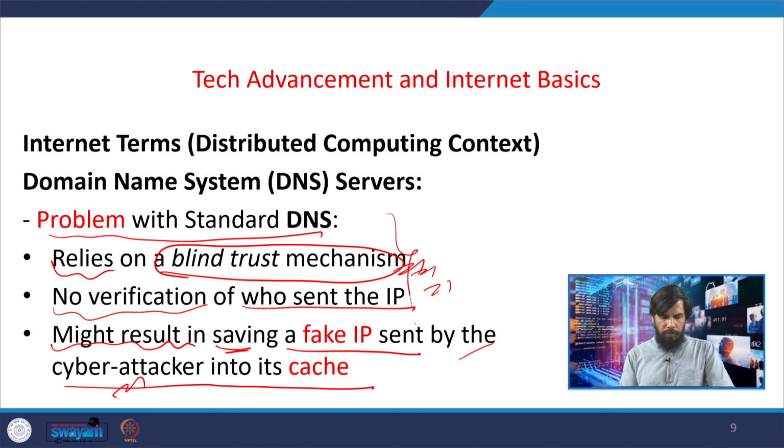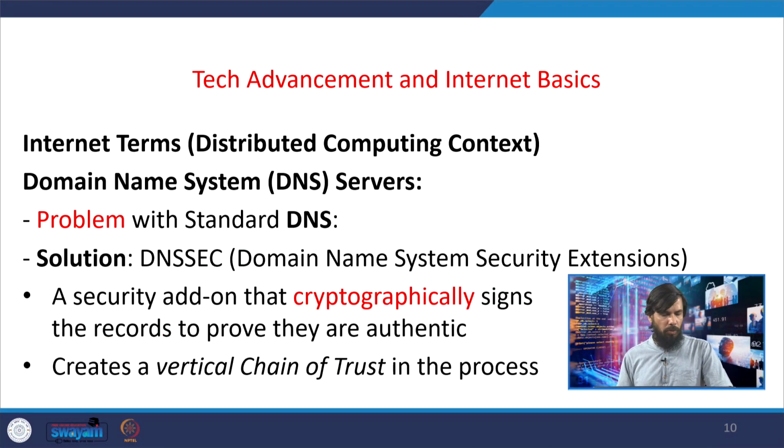So, there are lots of cyber attack incidents that have actually been reported in the past because of this, right. So, this problem related to standard DNS is something that needs to be resolved.